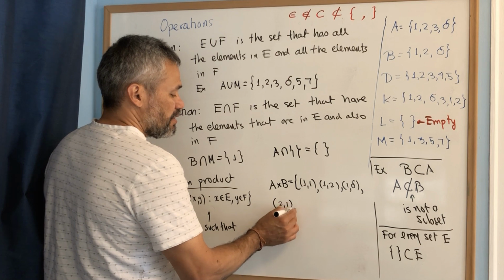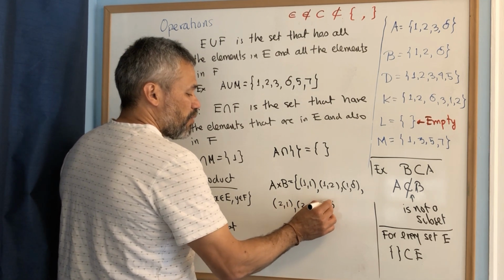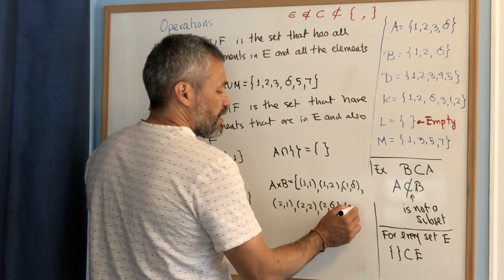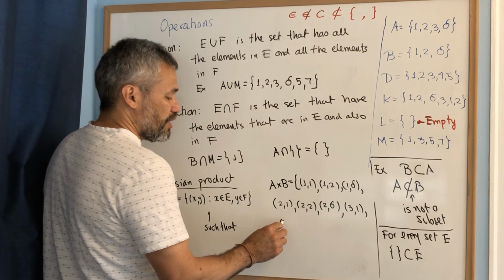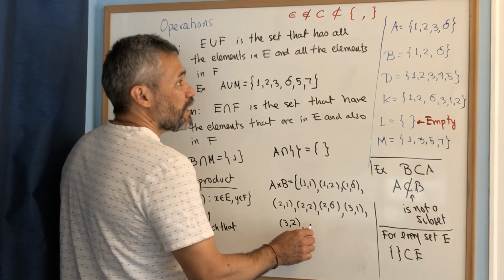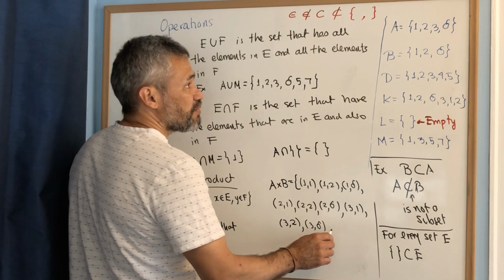We have (2, 2). (2, apple) is there. And then (3, 1) is part of the Cartesian product. (3, 2) is part of the Cartesian product. And (3, apple) is part of the Cartesian product.